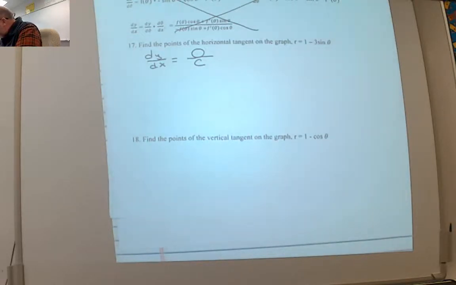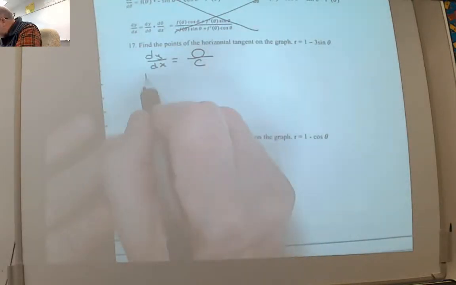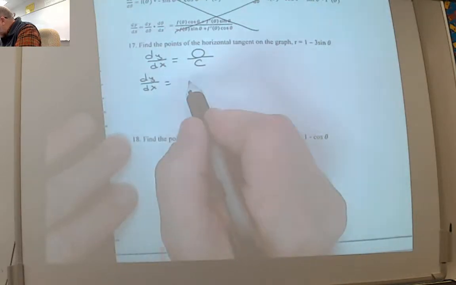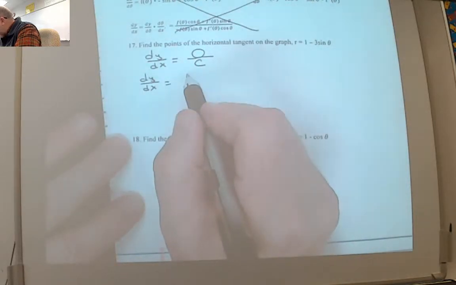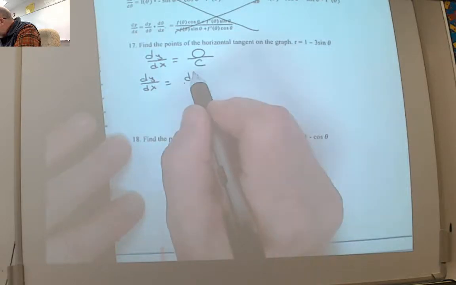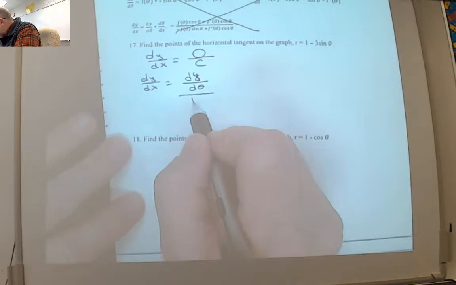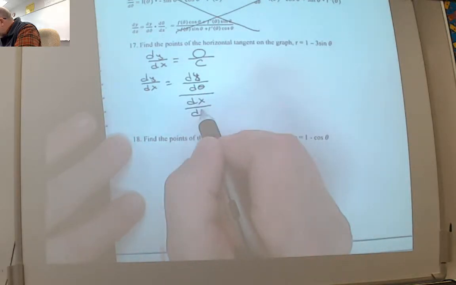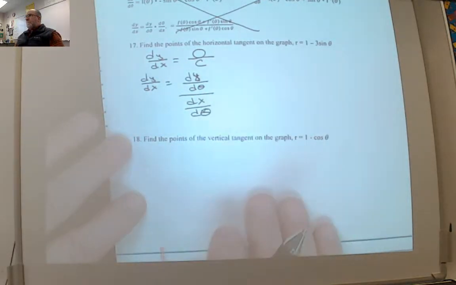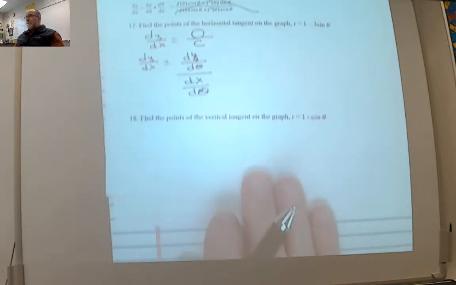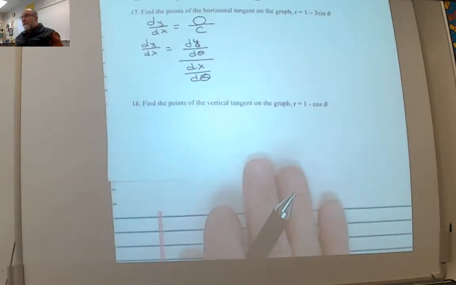So the way dy/dx is going to be computed, and I think this is going to make sense since we've already talked about parametric equations, it's going to be dy/d theta over dx/d theta. Is that making sense?